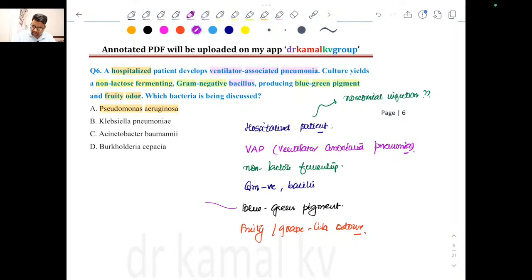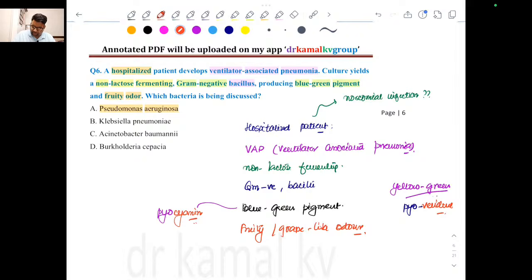So blue green, this is pyocyanin, right? Sometimes there is yellow green pyoverdin, right? So what does it mean?